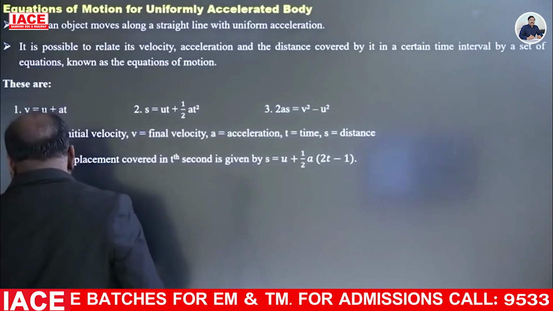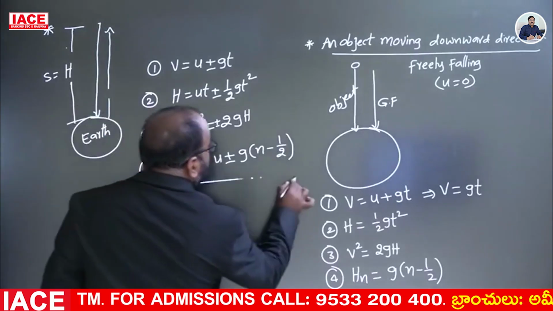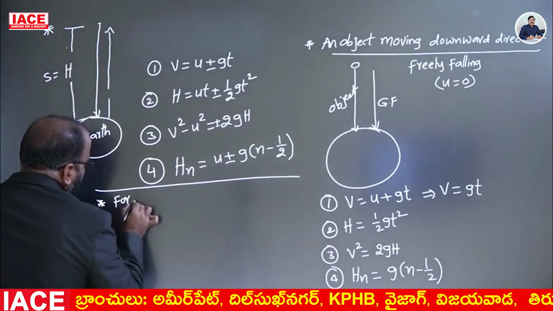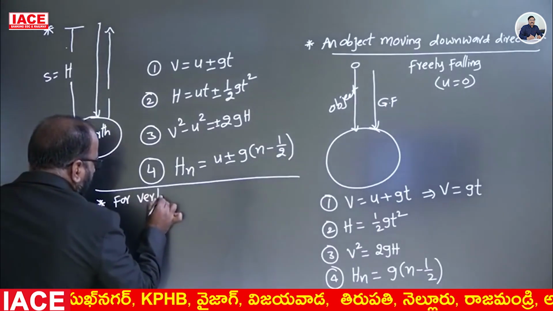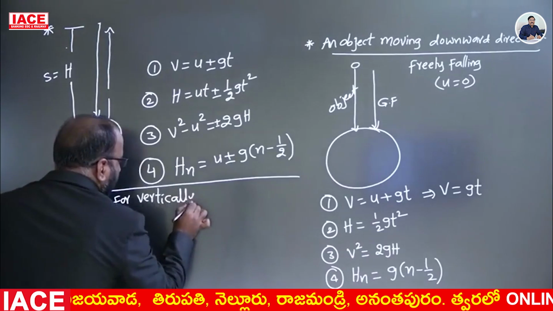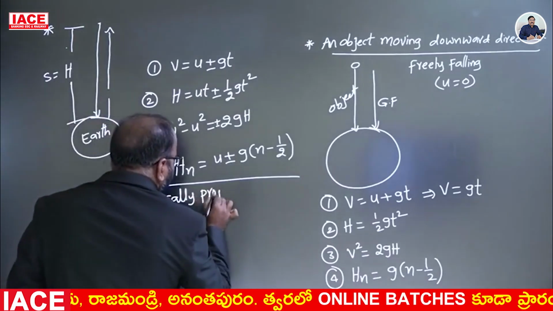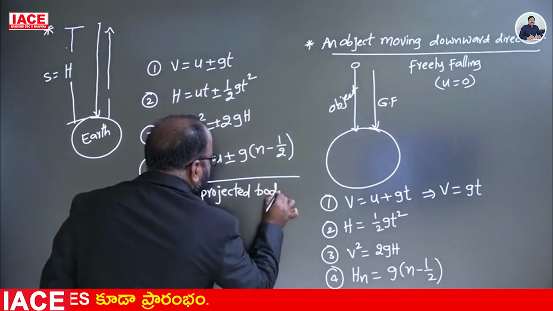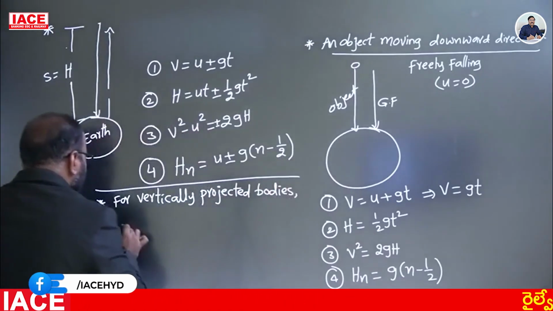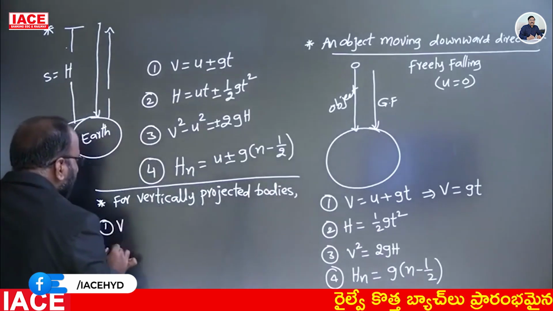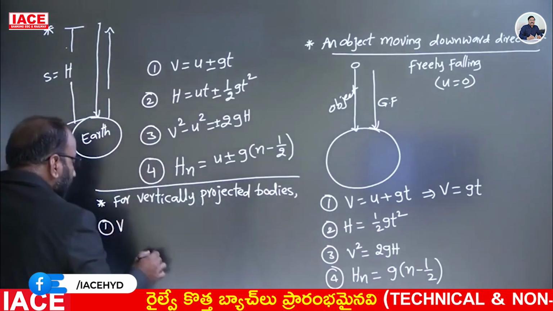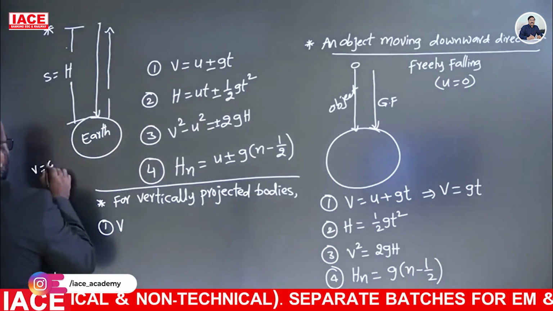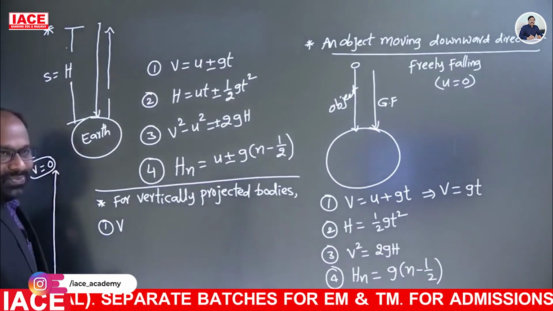Next one, vertically projected body. For vertically projected bodies, first one, v is equal to... If the object is thrown vertically upwards, at maximum height its final speed becomes 0.